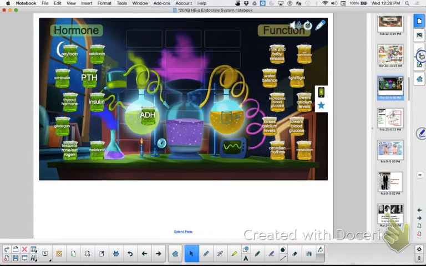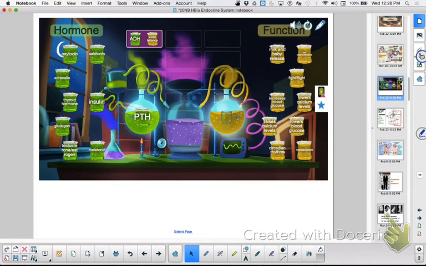If I say ADH, what are you going to pick? Water balance. I agree. Okay, pick another one. PTH. What does PTH stand for? Parathyroid hormone.